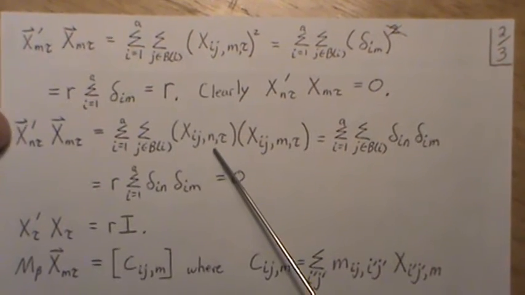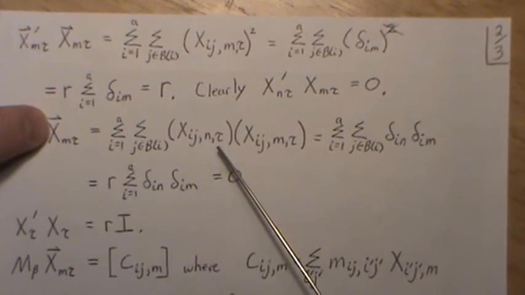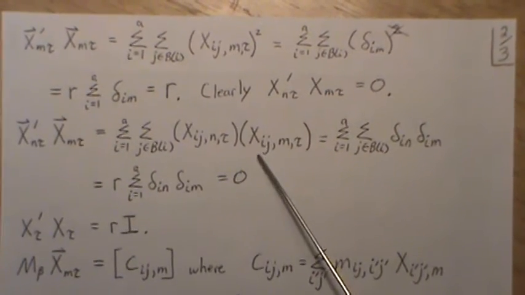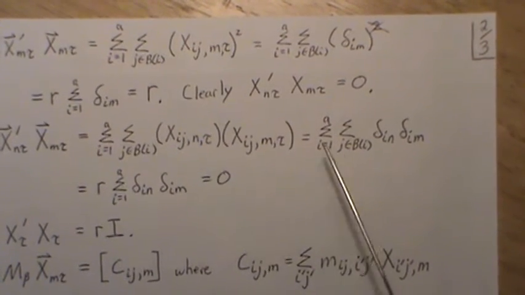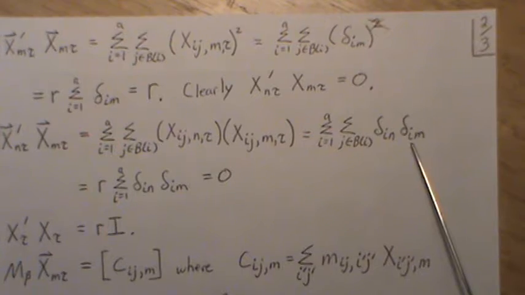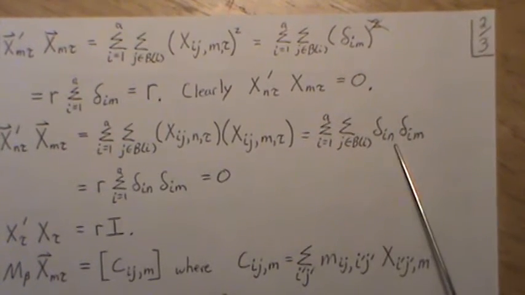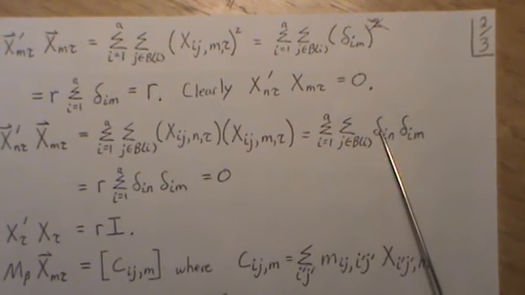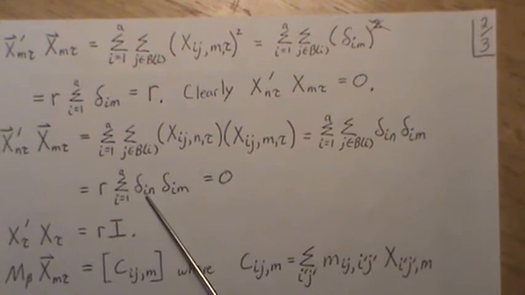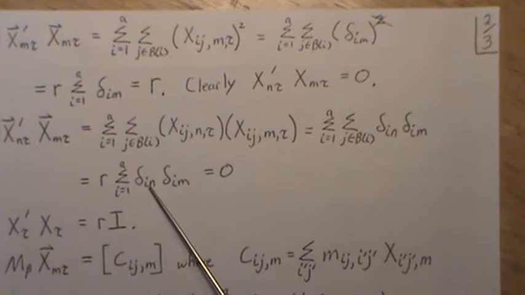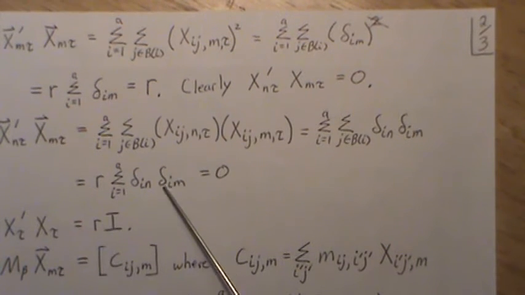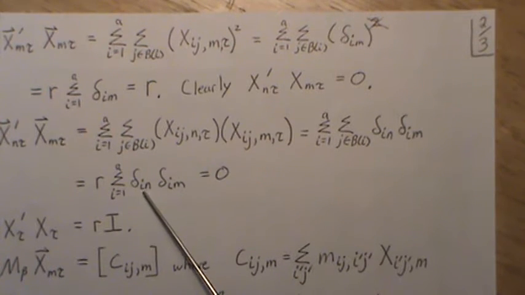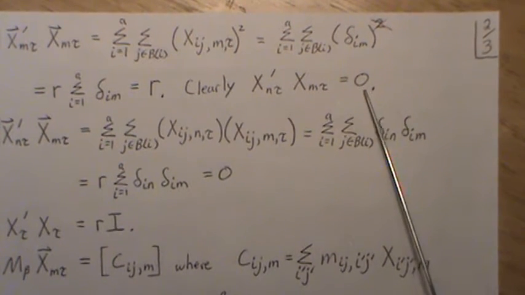And it's the same component multiplied by the same component there, so i and j have to be equal, and we're summing over them. And it's the nth column and the mth column. But these can be represented by delta in, delta im, and notice there's no j here. So we're summing this r times. That's where we get this. Now in this sum, delta is 0 or 1, and it's only 1 when i is n. But when i is n, this is 0. And this is only 1 when i is m, but when i is m here, this is 0. So this is 0.